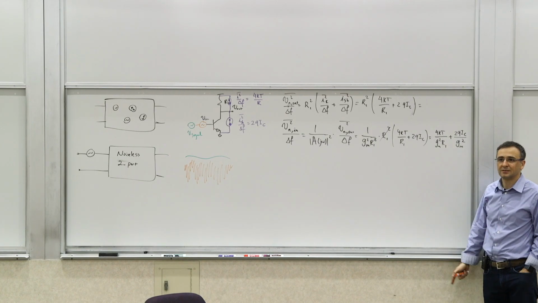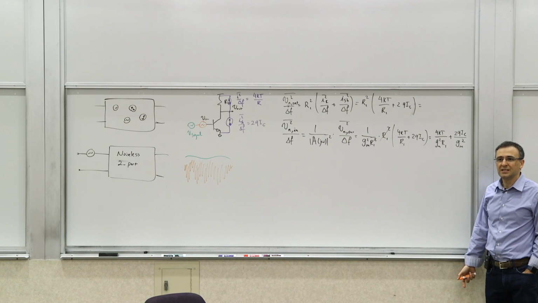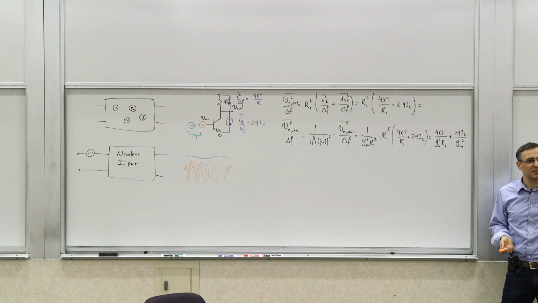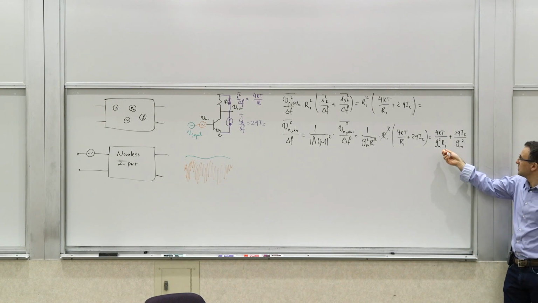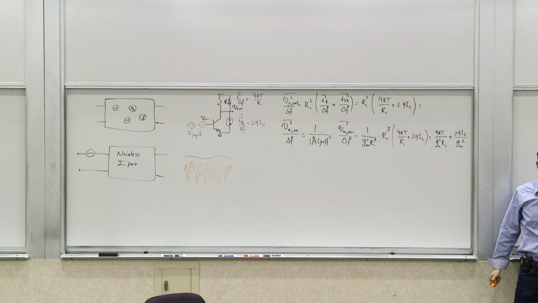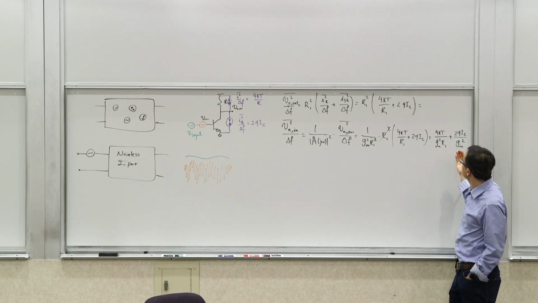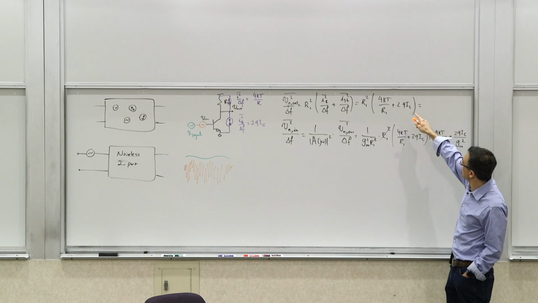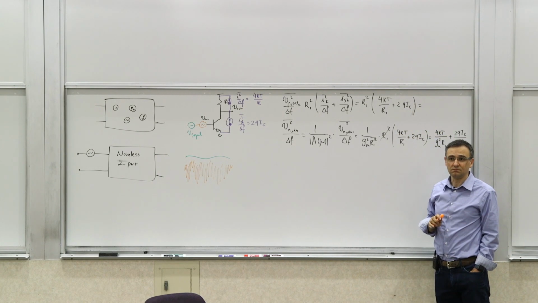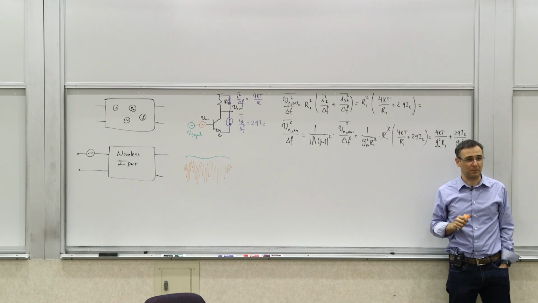Now, the design parameter that's really at our disposal the most is GM, right? You can see that as you increase the transconductance, you're reducing your input referred noise. But if you look at the output noise, for example, if you increase the transconductance, you're increasing IC, so your output noise is actually going up.